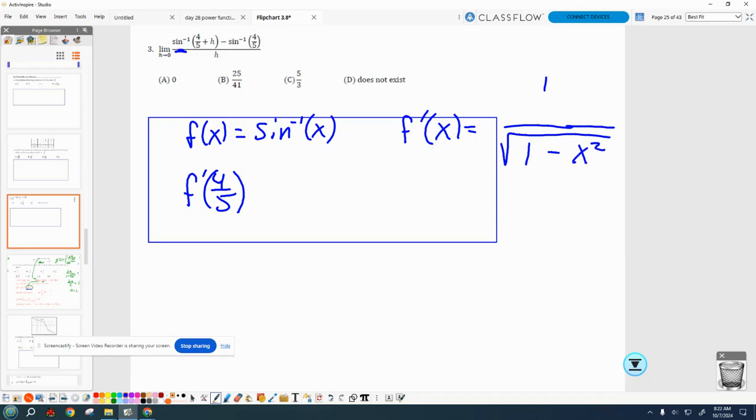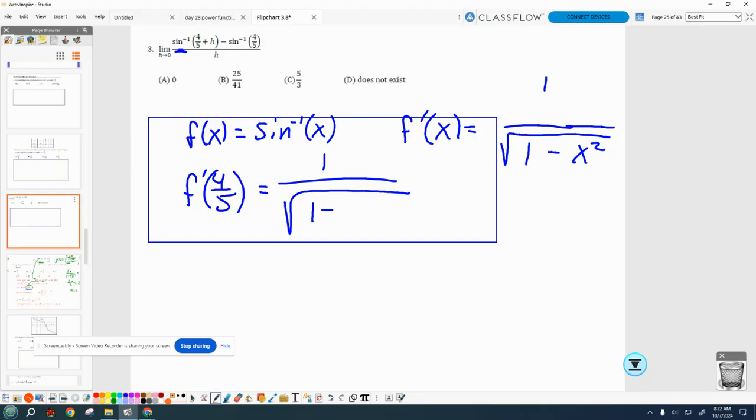So it's going to be that. Nathaniel, how do I plug in the 4/5 then? Just do b 0 because the derivative of 4/5 is 0. Okay, good point.